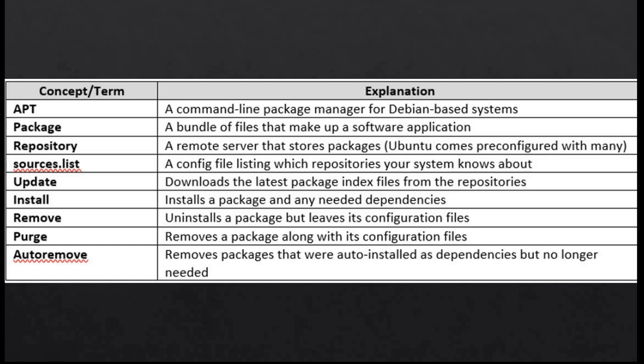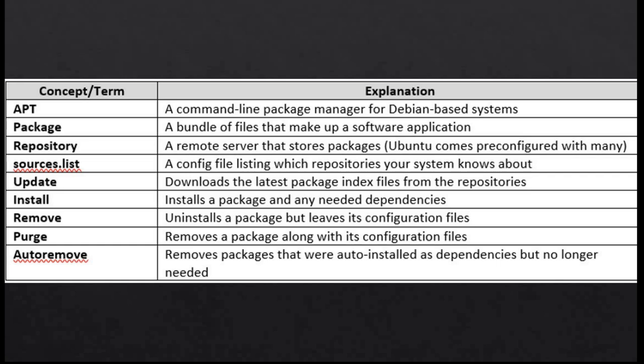Repository is a remote server that stores those packages. Ubuntu is pre-configured with several repositories so that it knows about them and where to find them. Sources.list is a configuration file on your system listing which repositories your Ubuntu system knows about. They come pre-configured in Ubuntu, and we'll take a look at some of those in a minute.